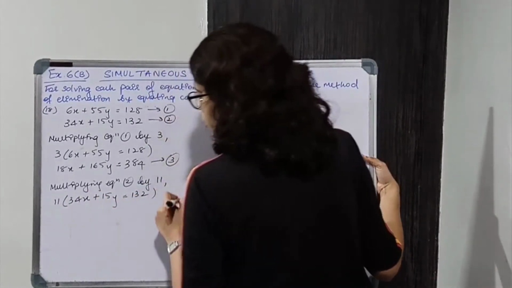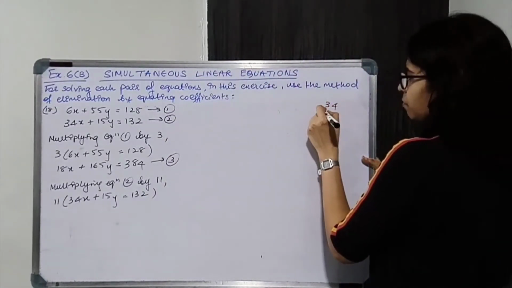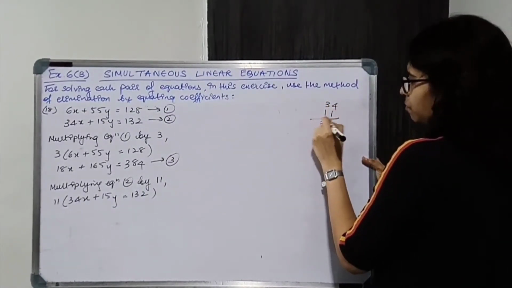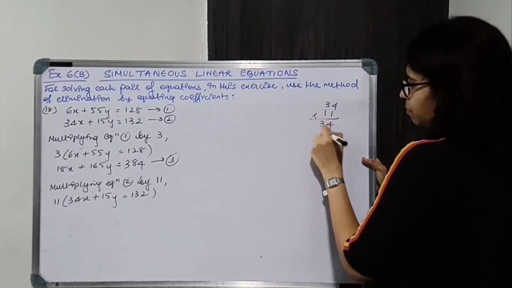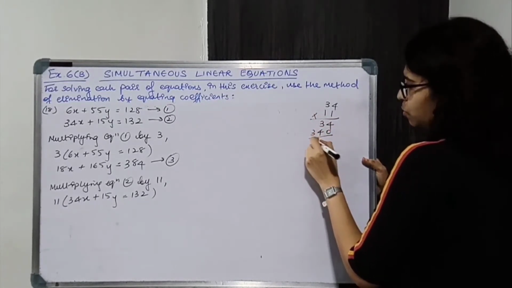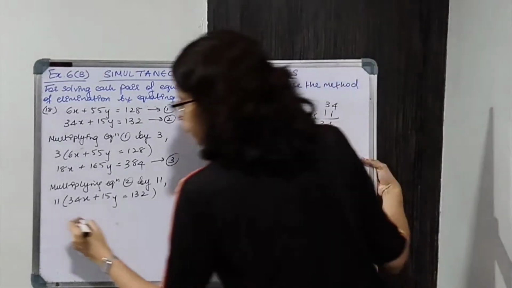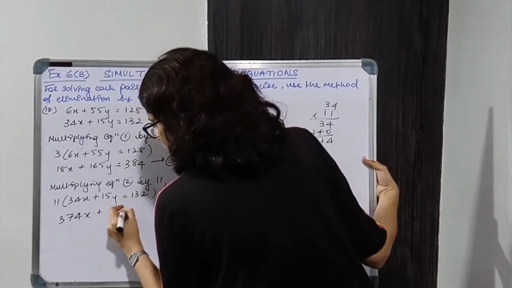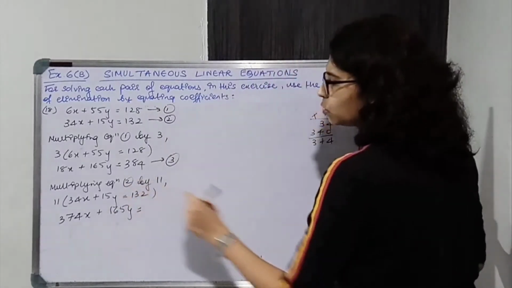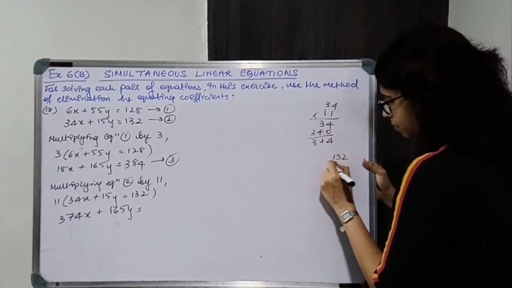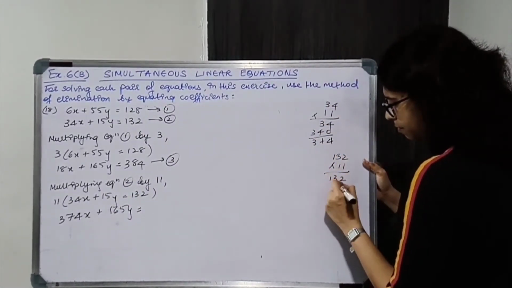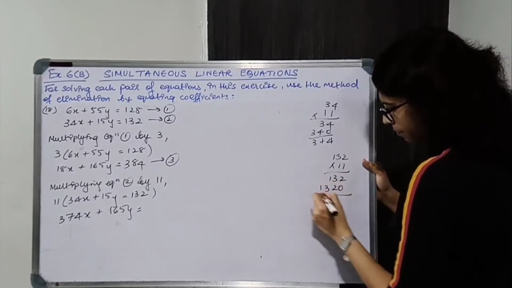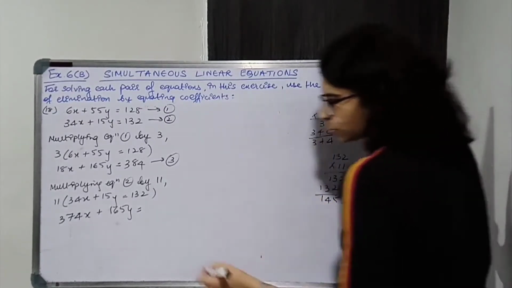So 11 into 34 will give 374x, plus 165y is equal to 132 into 11, so 1452.